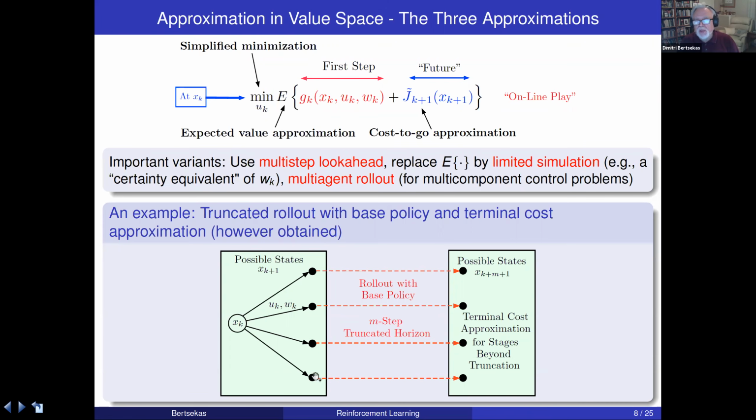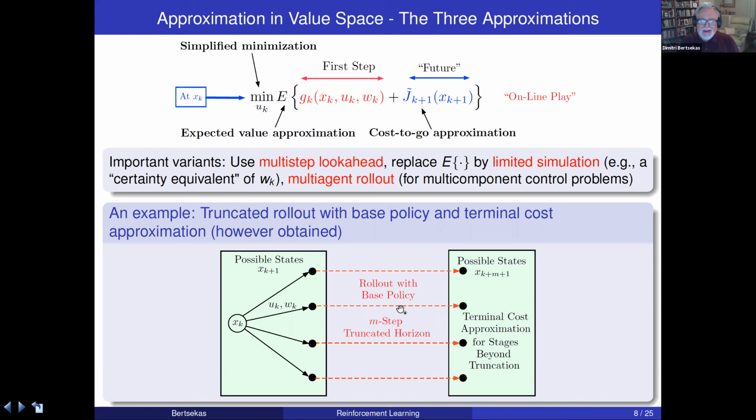And then from the possible states where we land, we have a base policy, some default policy that we run forward to accumulate an approximation to the optimal cost to go. And then we take for the future a terminal cost approximation. Now, this can be viewed as a special case of that. How so? Well, the J tilde is this entire thing here. The last two steps, the rollout and the terminal cost approximation, plays the role of J tilde.